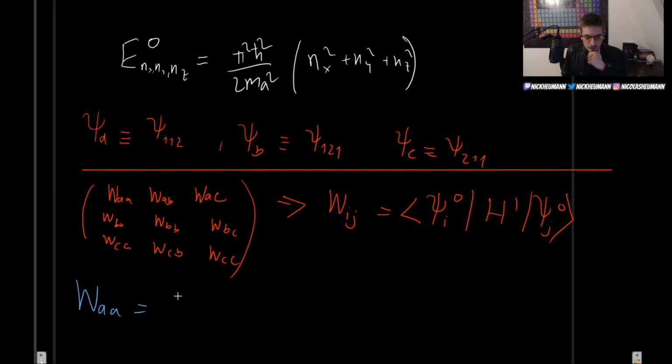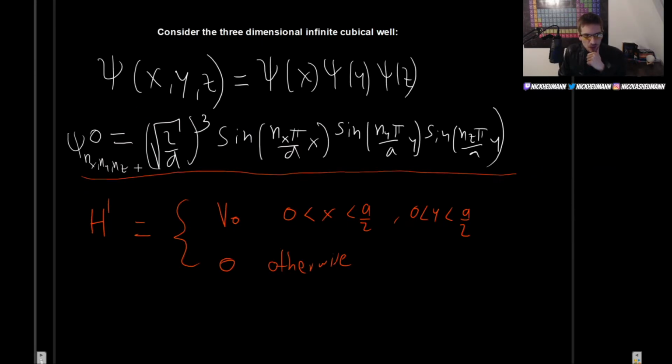WAA would be psi A0, the Hamiltonian, and psi A0. So what is psi A? Psi A is psi 112. And according to the wave function, psi 112 would be this thing right here, but this would be 1, this would be 1, and this would be 2. So it doesn't look that bad now, does it?